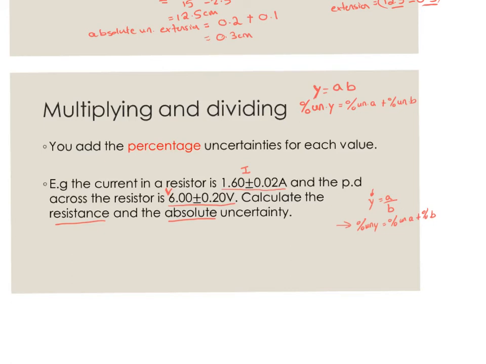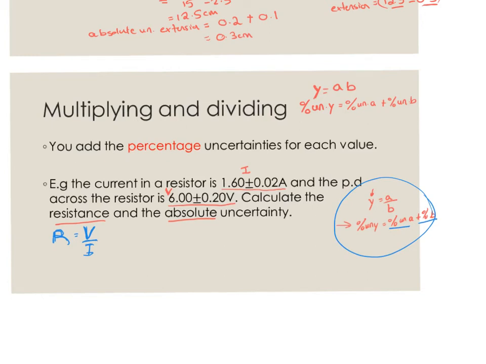So if I want to calculate resistance, another equation is R is equal to V over I. So potential difference divided by current. So if I want to find the resistance and the absolute uncertainty in the resistance, I have to follow the rule. Since I'm dividing the two quantities, then I need to add the percentage uncertainties of the two quantities.